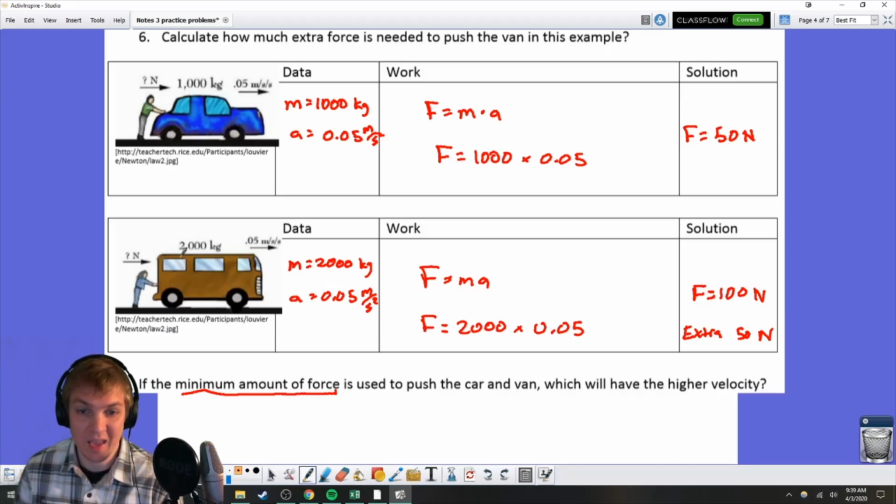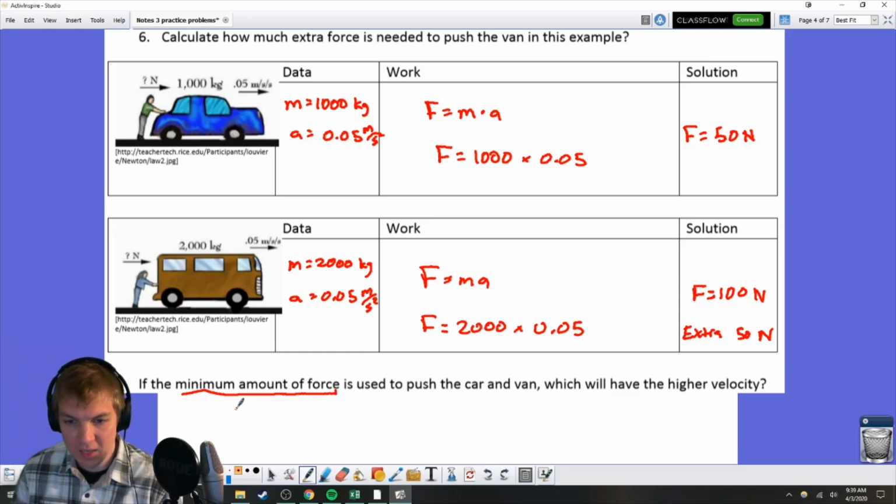Okay, so it's the same force. Let's say that value is 50 newtons. If both of these were able to be pushed at 50 newtons, then that means that the car would have a higher velocity.